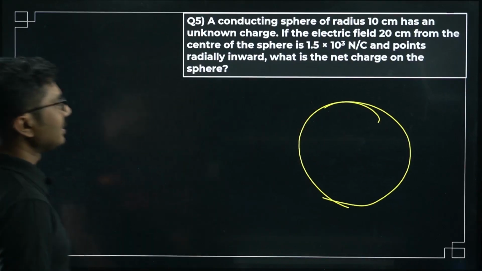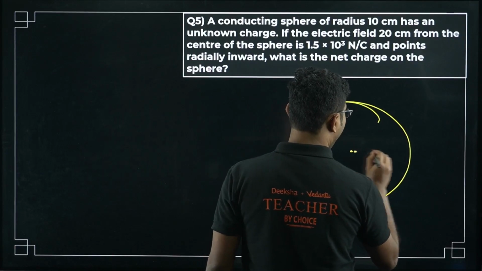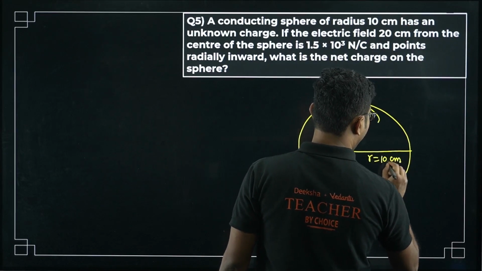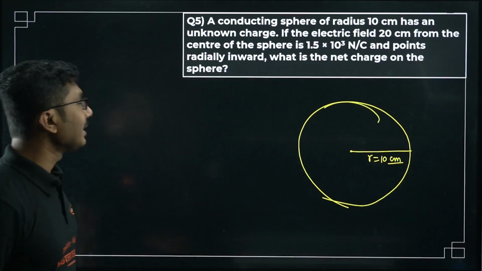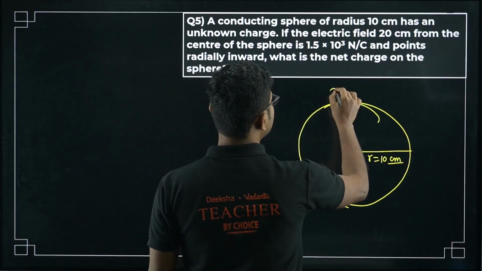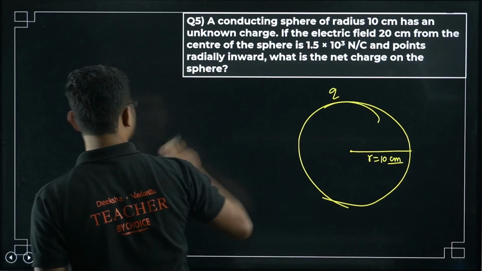Okay, we have a sphere, radius is 10 cm. We can convert it into meter later on. It has an unknown charge. Okay, the charge is unknown. Sorry, inside the sphere, obviously not outside.